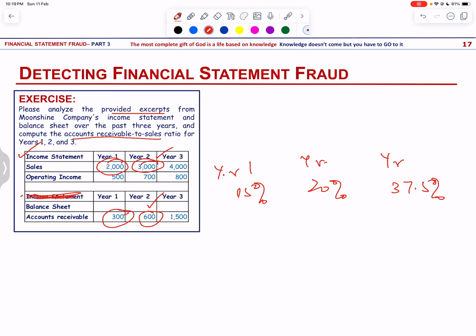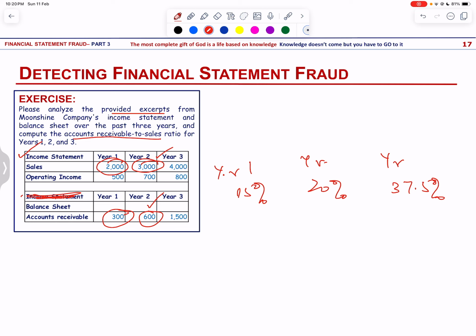Then another scenario may be extended payment terms. Offering extended payment terms to customers can also inflate accounts receivable balances, especially if the company records sales when the goods are shipped rather than when they are paid for. This can distort the accounts receivable to sales ratio and lead to misleading financial statements.